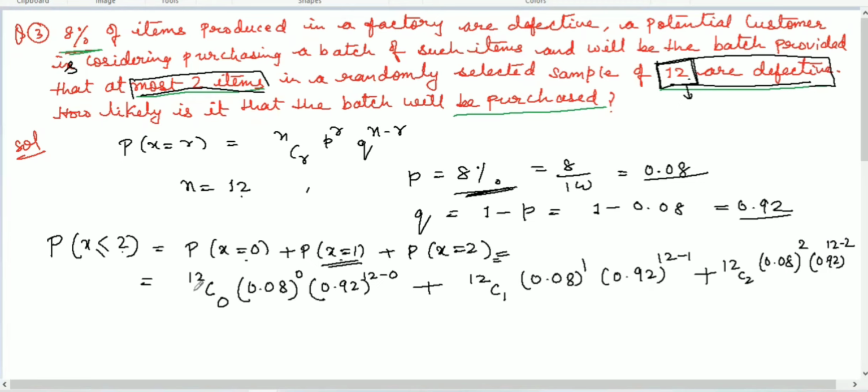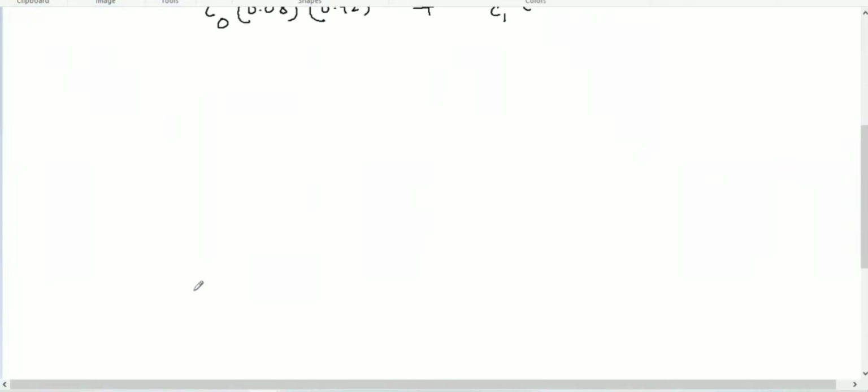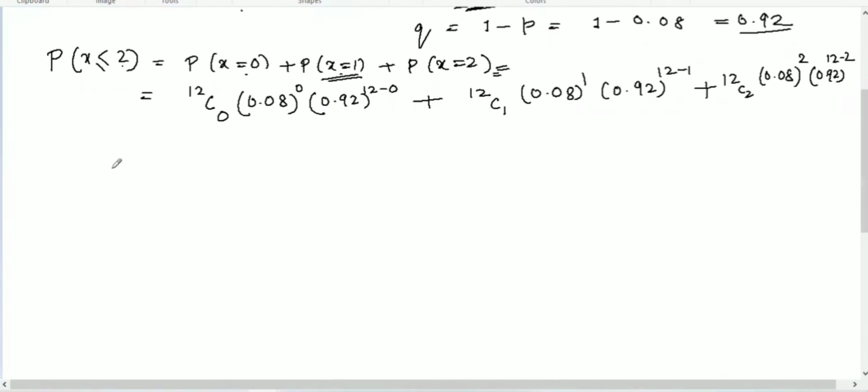Now find it out here. 12 factorial over 0 factorial and 12 minus 0 factorial, which gives 12 factorial over 12 factorial. 0.08 to the power 0 is 1, since anything to the power 0 is 1, and 0.92 to the power 12 minus 0 is 12.